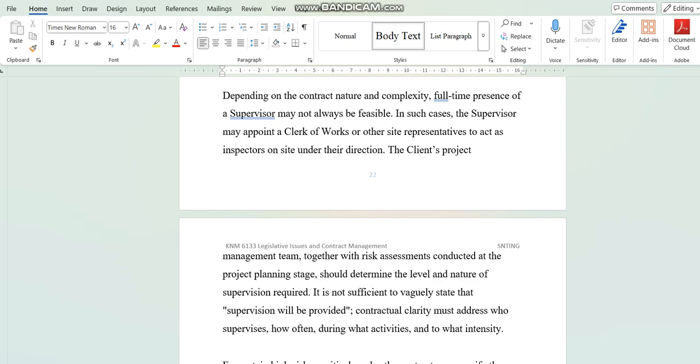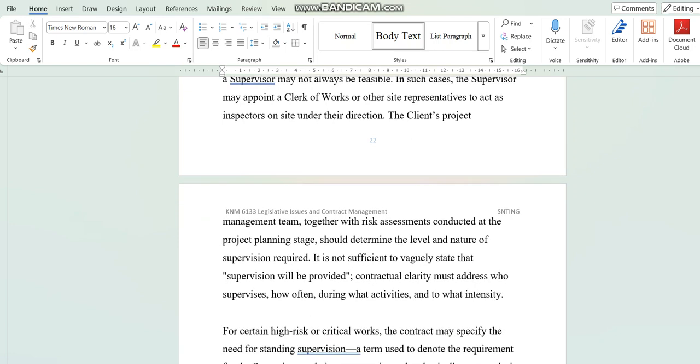But unfortunately, in practice now, sometimes clients, because of cost reasons, want to delete that supervision part, and leave it to their own people to do the supervision, and their own people could be on 3 or 4 sites at the same time. So it's very difficult to carry out quality supervision work in that sense.